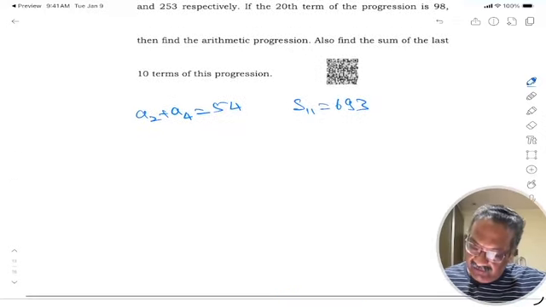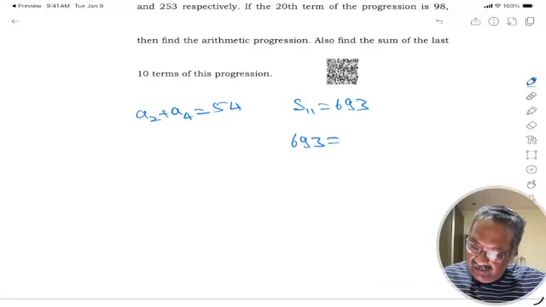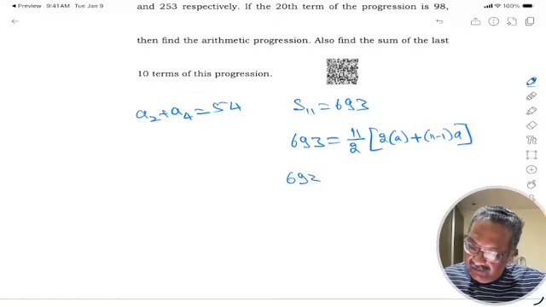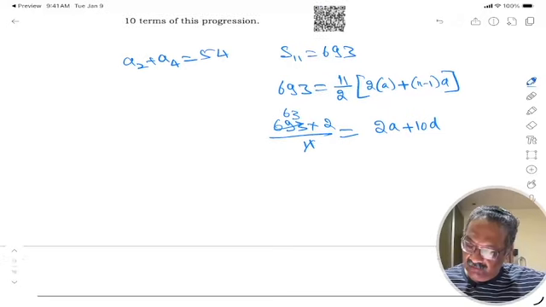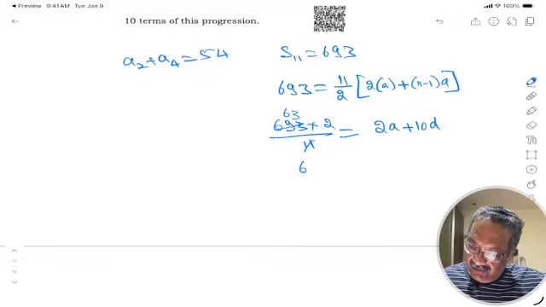Okay, what do we have here? S11, 693 is equal to n by 2 into 2a plus 11 minus 1 into d, or 693 into 2 by 11. 11 6s are 66, 11 3s are 33, is equal to 2a plus 10d. 63 into 2, or 63, 2 I will take common, a plus 5d.